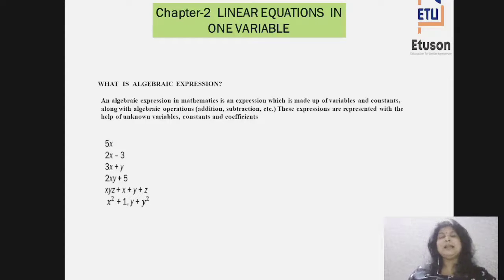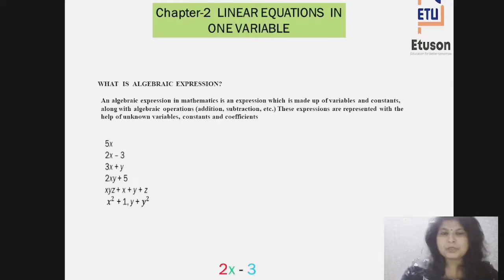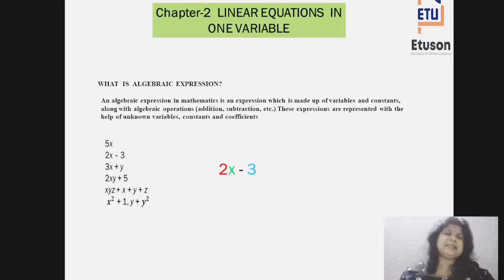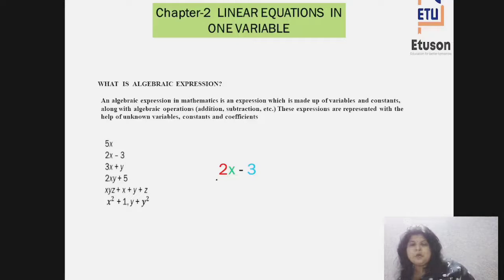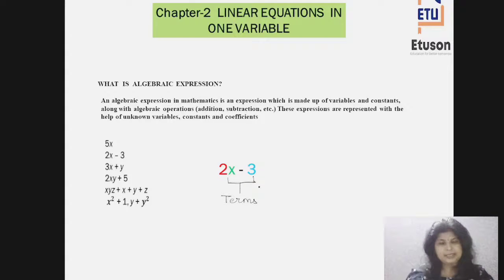So before that, let us define by taking one such example, what will be the variable, what is constant and all these stuffs. Okay, so I have taken this example, that is 2x minus 3. Now in this, 2x and minus 3 are nothing but terms of your algebraic expression.